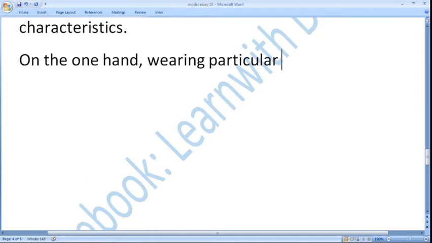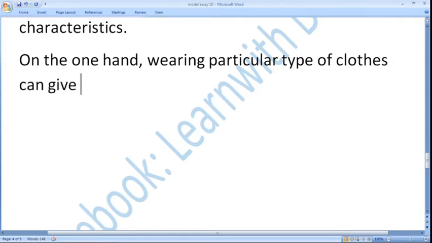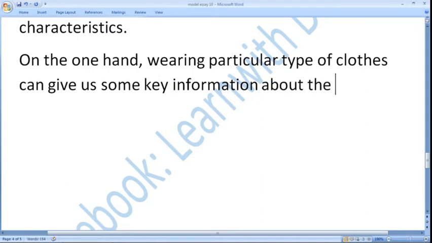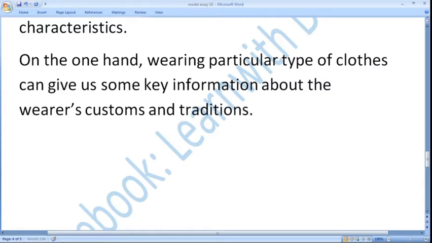Wearing particular type of clothes can give us some key information about the wearer's customs and traditions.